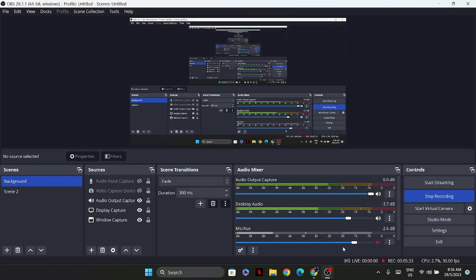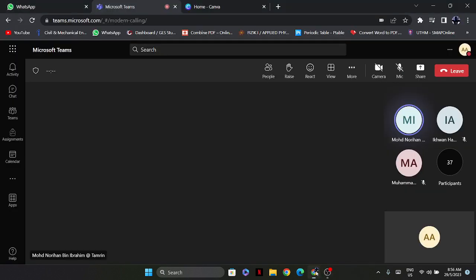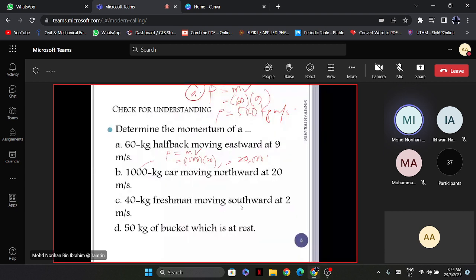For B, the answer is 20,000 kilogram meter per second. And then for C, p is equal to mv, a 40 kilogram brushman moving southward at 2 meters per second. For this, 40 times 2 is equal to 80 kilogram meter per second.